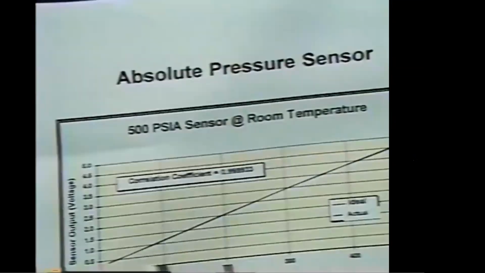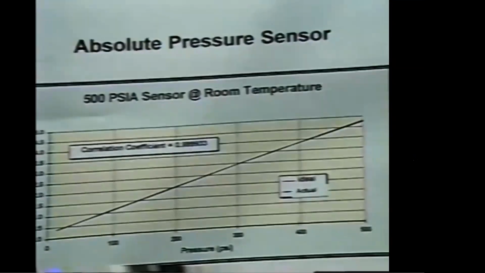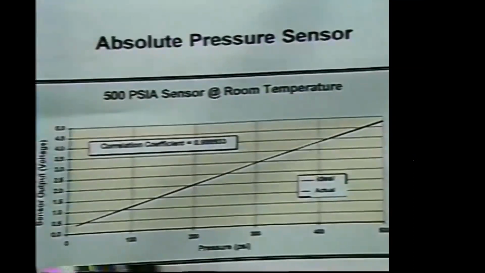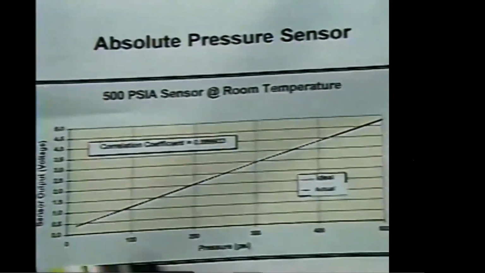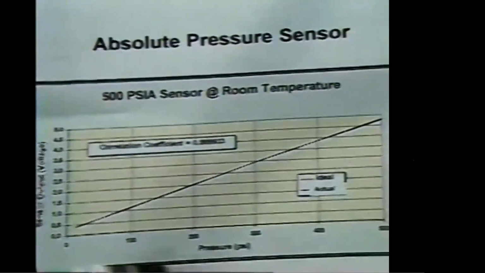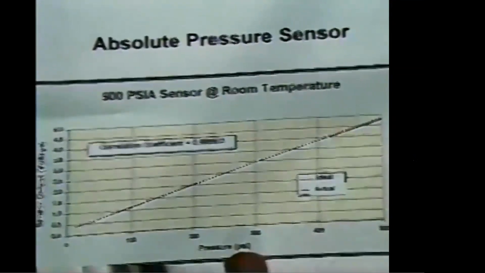Since we can create different membranes, we can also create different ranges of pressure sensors. I have a similar set of curves here for a 500 PSI range sensor. In this particular plot, I have the output voltage as a function of pressure, the ideal and the actual shown together, and they're very hard to tell apart.